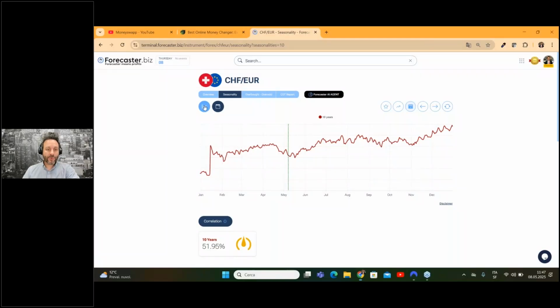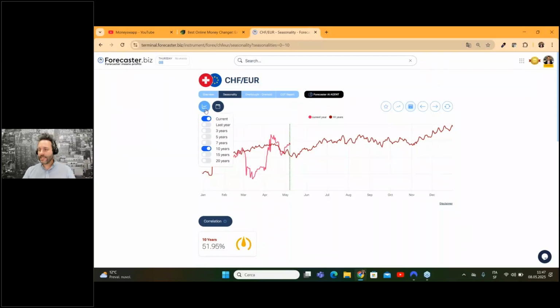We can also plot the current year. So this is what is happening right now on the Swiss franc market. What is really interesting, thanks to this software, is that we also have the correlation. We can see if a specific seasonality has a very high or very low correlation with the prices.